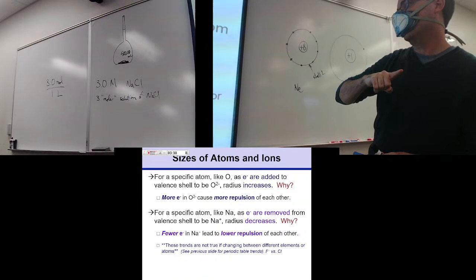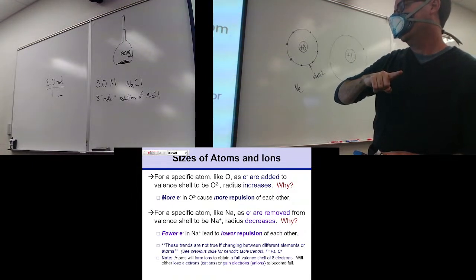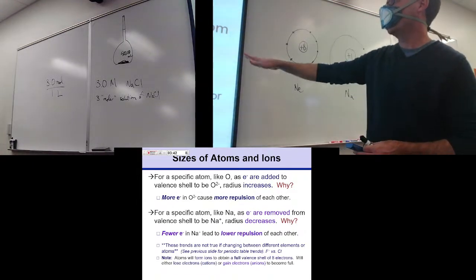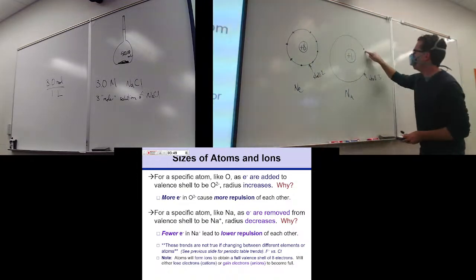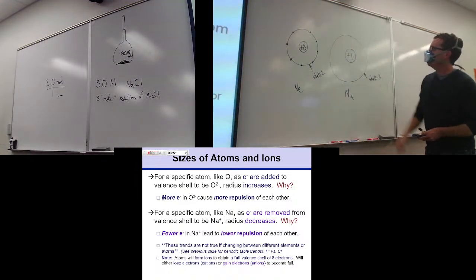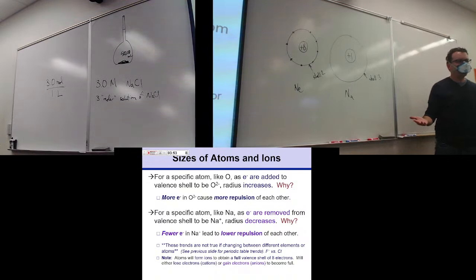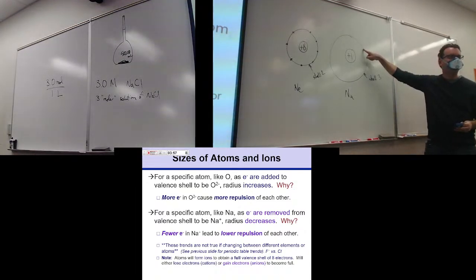But here, let's just look at it here. So here's sodium. If I remove this electron, and we say that the size of the atom is defined by how far out the electrons go, well, I don't have electrons in shell 3 anymore.